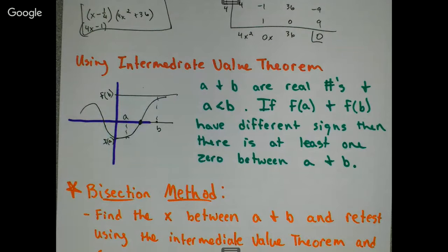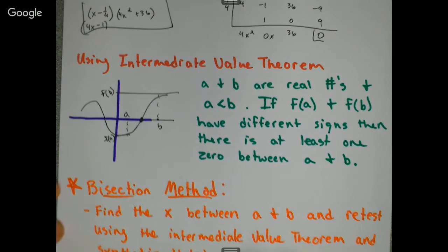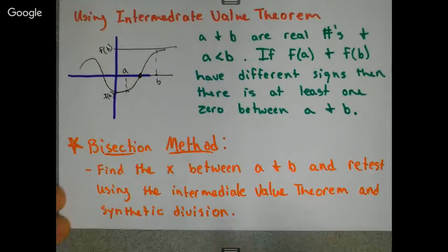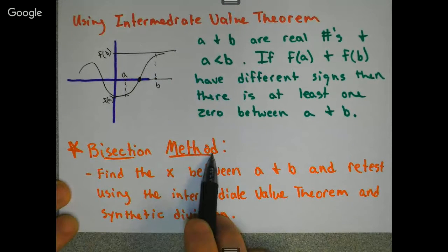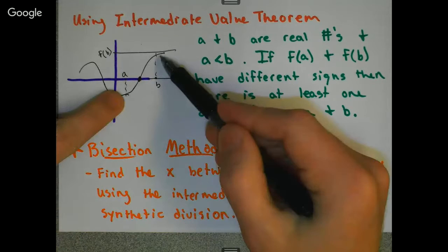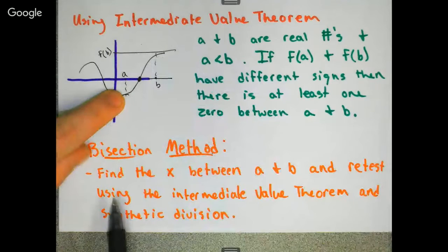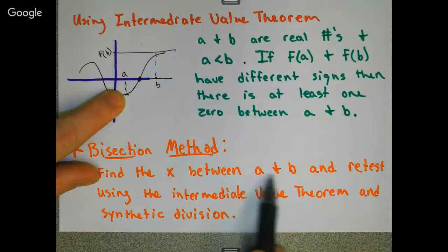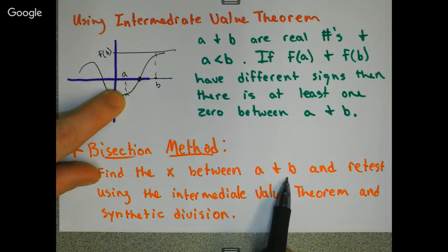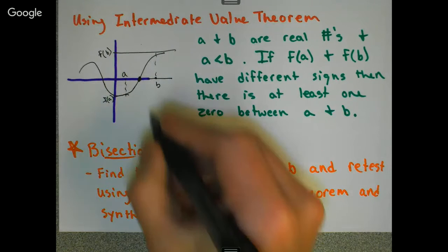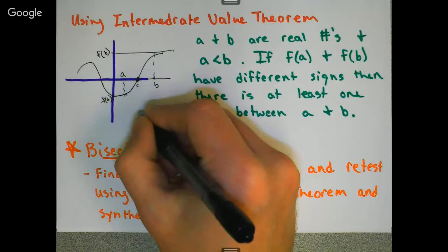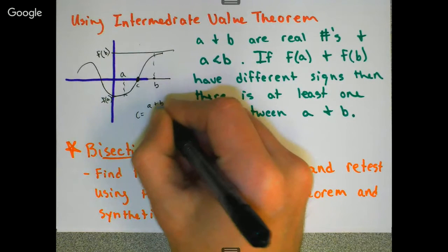Now the reason we really talk about this is for the bisection method. If I have opposite signs, I'm going to find the x between A and B. How do I find that? We'll call this point C. I'm going to take C equals A plus B divided by 2.